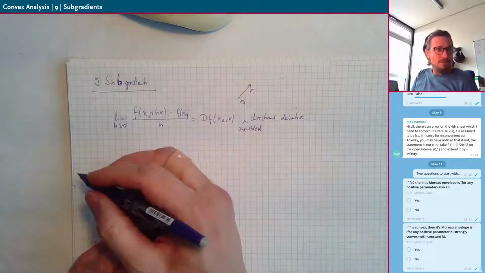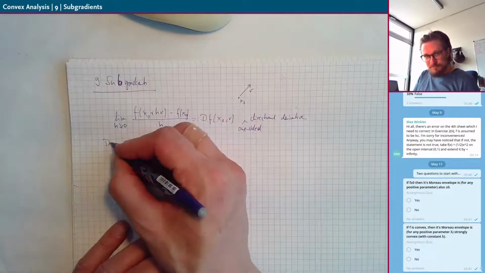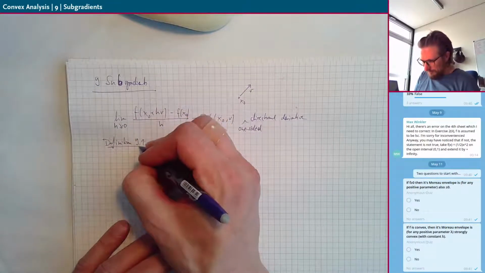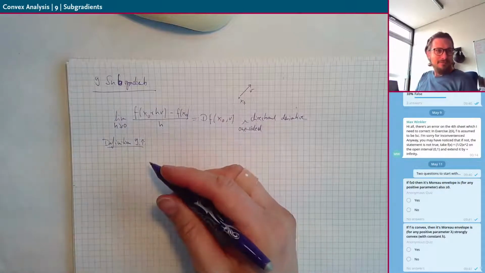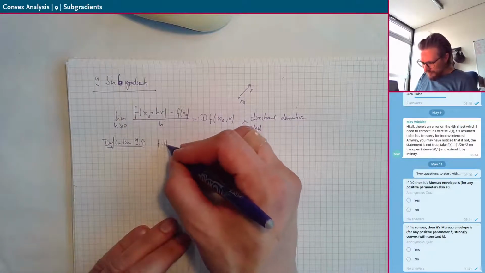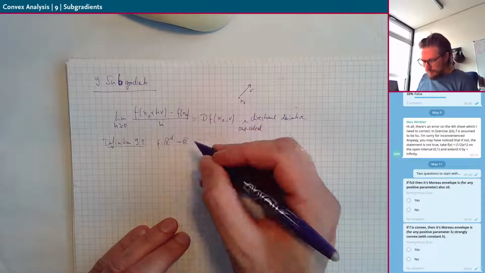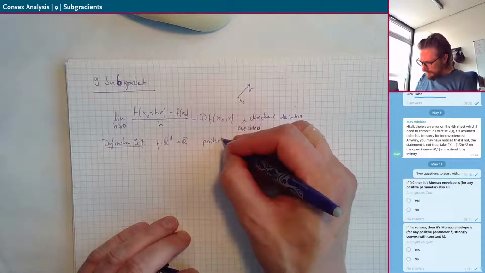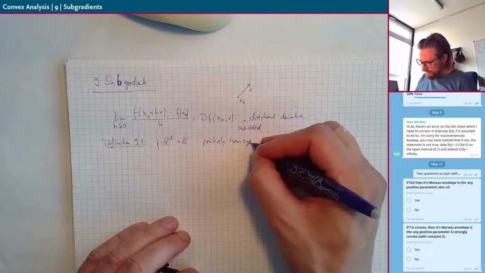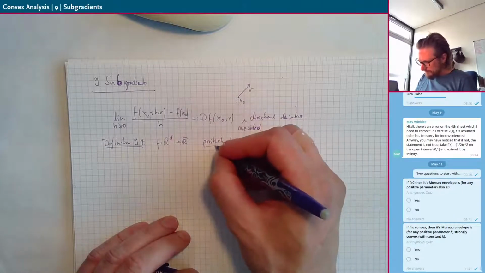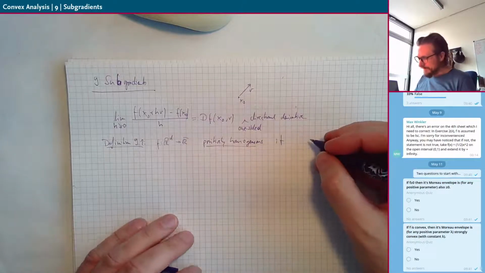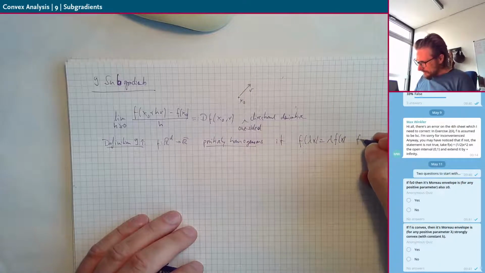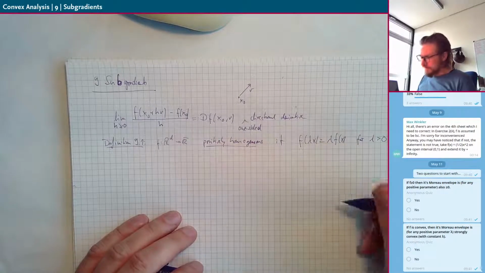Okay, and then we need one definition. This is just because the directional derivative has a certain property, and we define it here. If you have a function f from Rd to the extended real numbers, we call this positively homogeneous if f of lambda x is equal to lambda f of x for lambda positive.